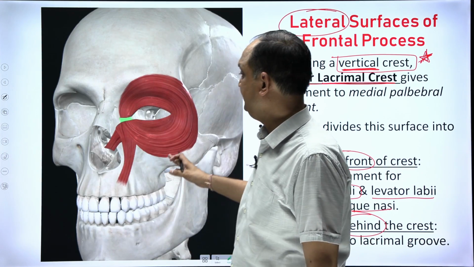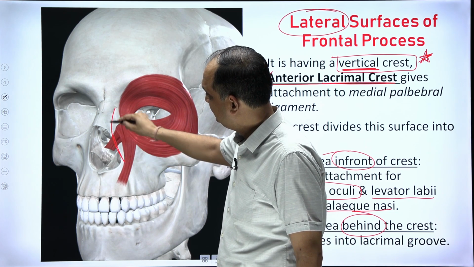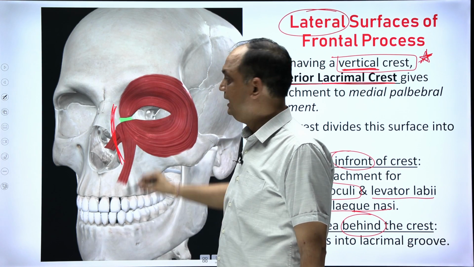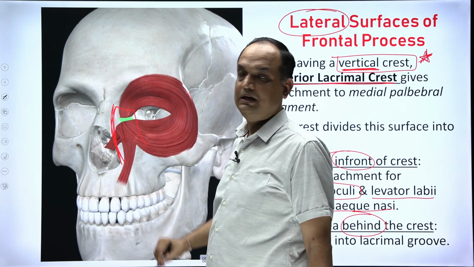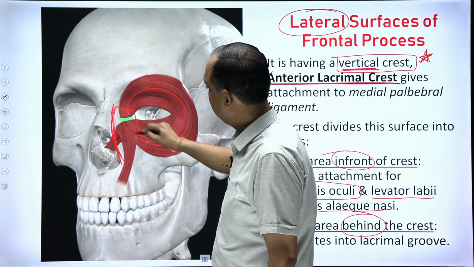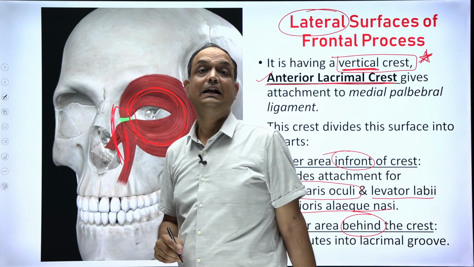So that you can appreciate in this image that this is your frontal process of the maxilla, and in this process you are able to see the outer surface. Now on this outer surface, this muscle is known as orbicularis oculi, and this muscle is the alaeque nasi.